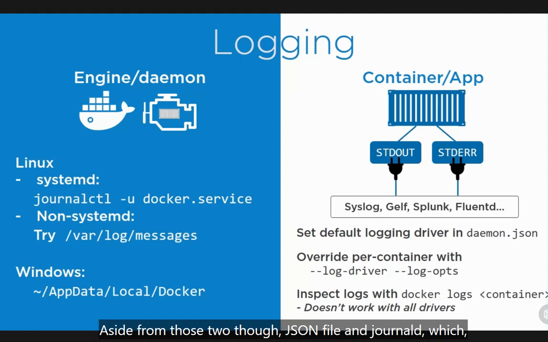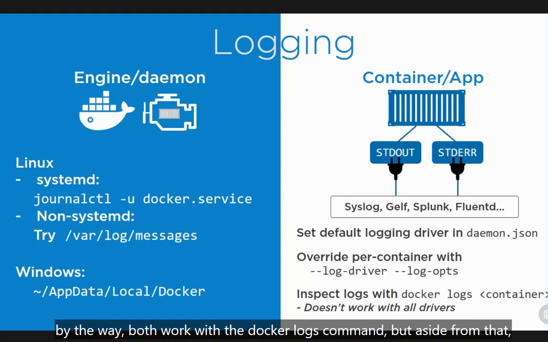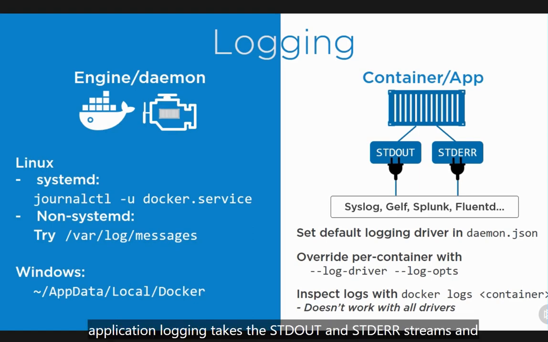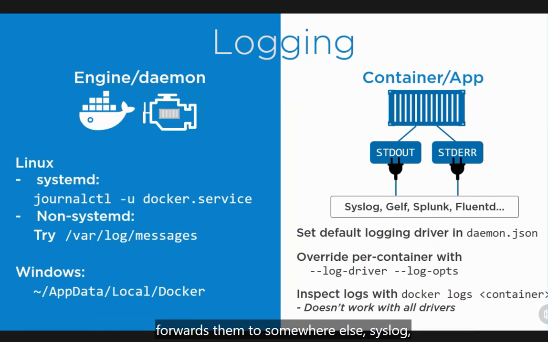Those two, JSON-file and journald, both work with the docker logs command. But aside from that, we start getting into third-party specifics like configuring a Splunk server or whatever, and we're not getting into stuff like that here. Suffice to say, application logging takes the stdout and stderr streams and forwards them to somewhere else, syslog, Splunk, Gelf, whatever. And it all gets done via logging drivers, and we configure these in daemon.json.